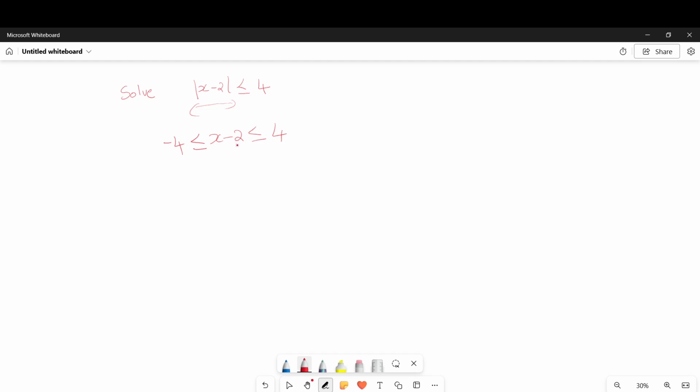While doing any operation, we need to do it on all sides. So if we eliminate the -2 here, we need to add 2 here and here also.